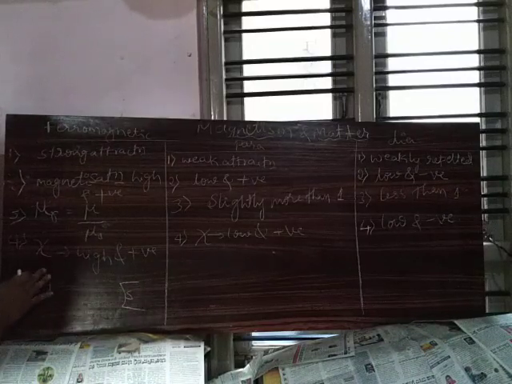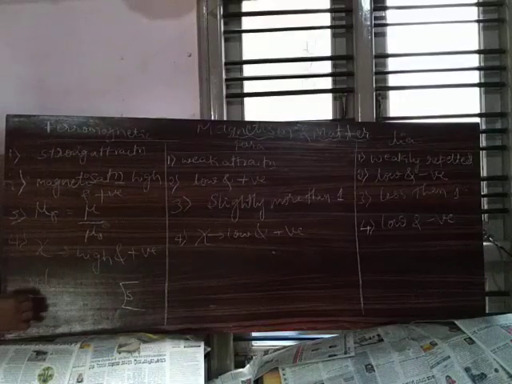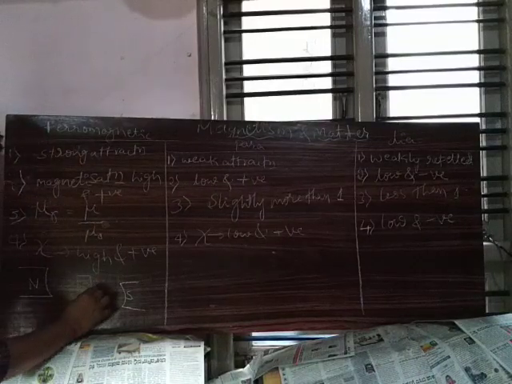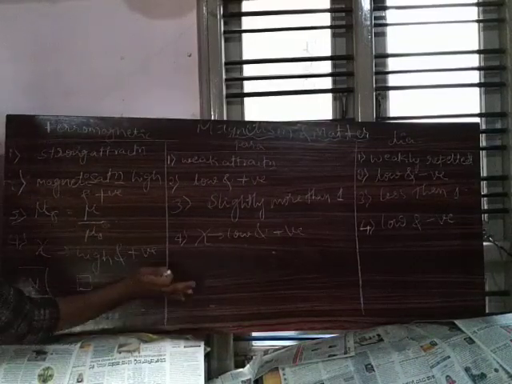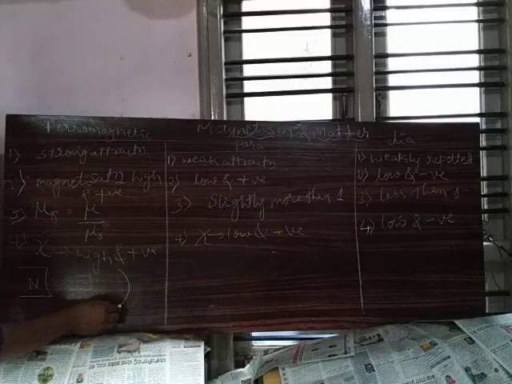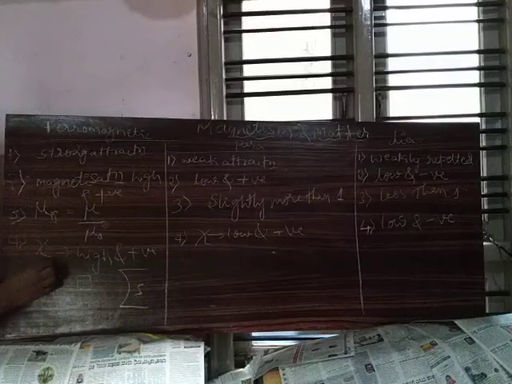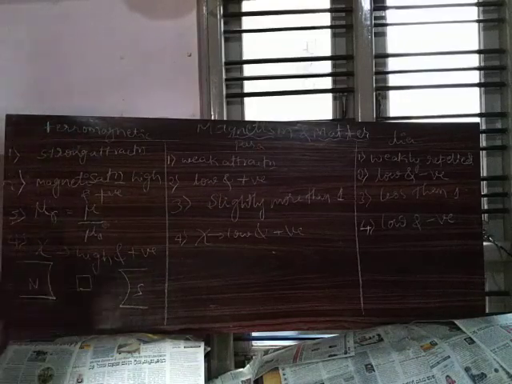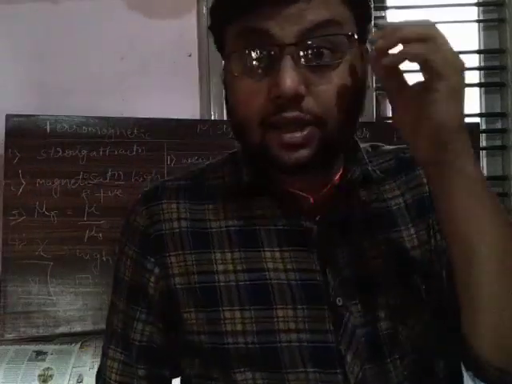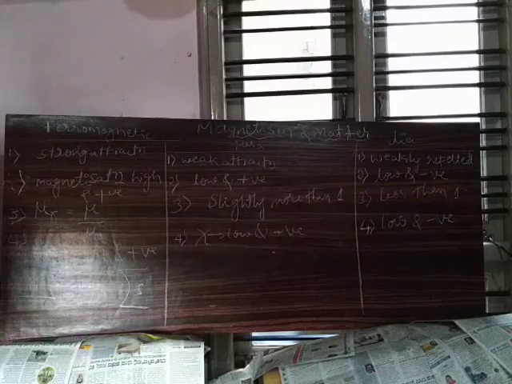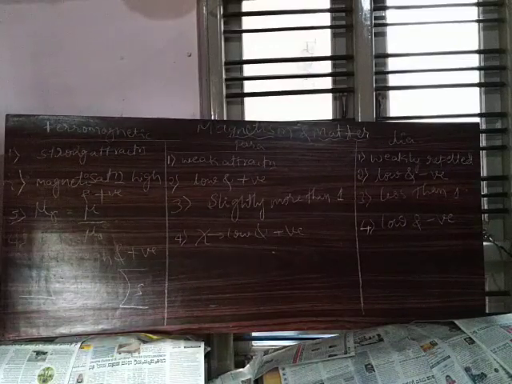It is the south pole and it is the north pole, and here I have kept the ferromagnetic material. Okay, so ferromagnetic material, then all the magnetic field lines will prefer to pass through the ferromagnetic material rather than the air medium or rather than the free space.